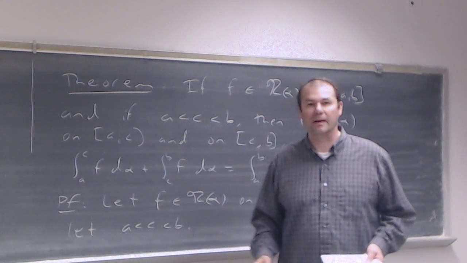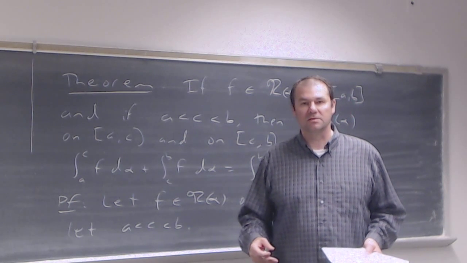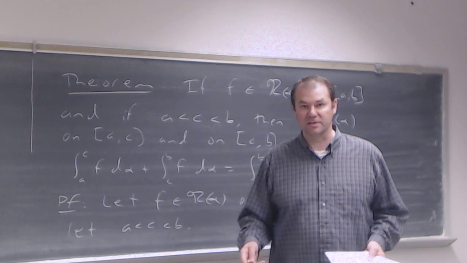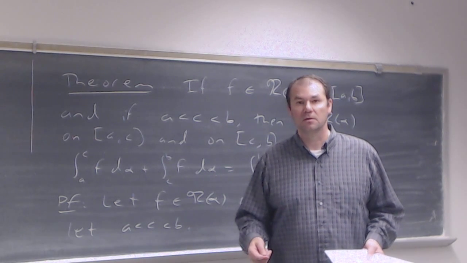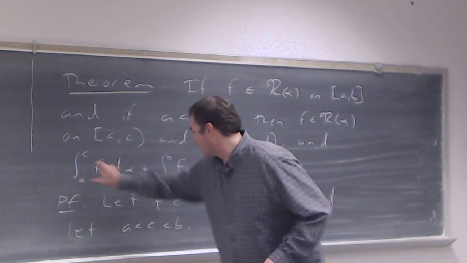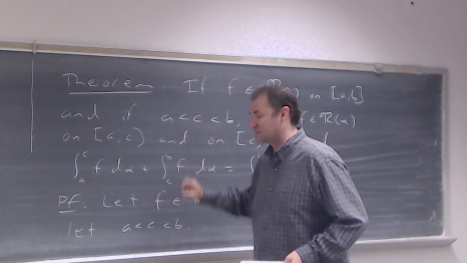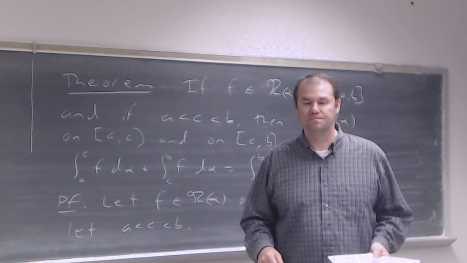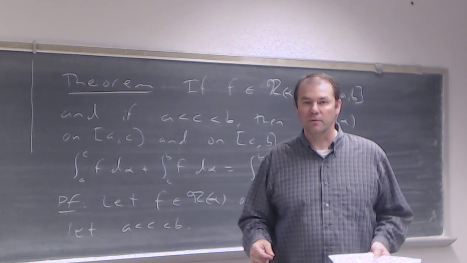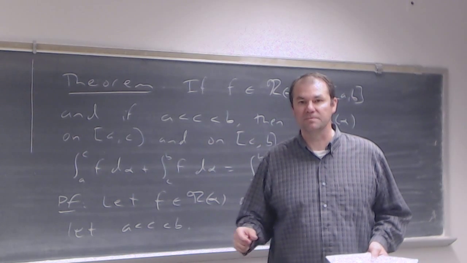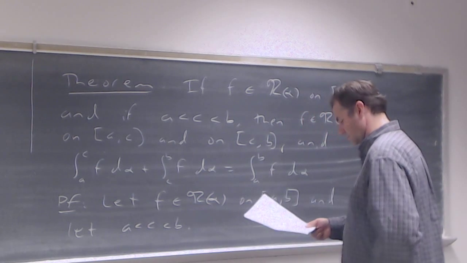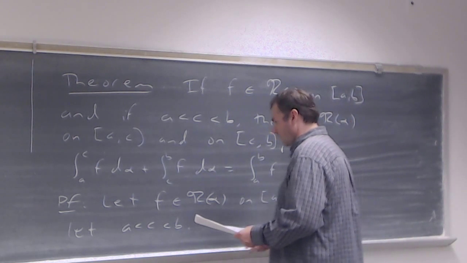That main theorem says this happens if and only if, given any epsilon greater than 0, there's a partition of either [a,c] or, in the second case, [c,b], so two separate partitions, such that the upper sum with that partition minus the lower sum of that partition is less than epsilon. So that's what we're going to use.